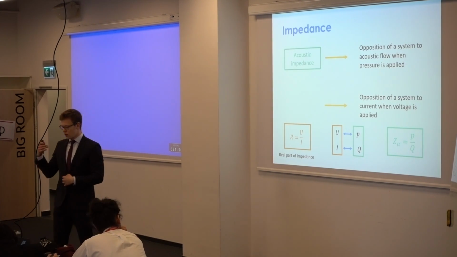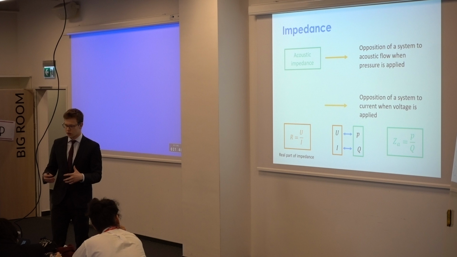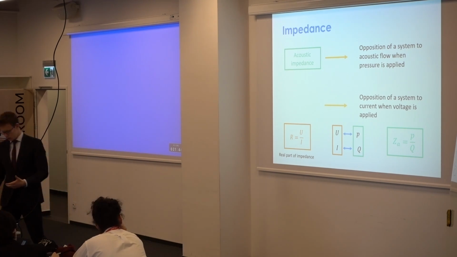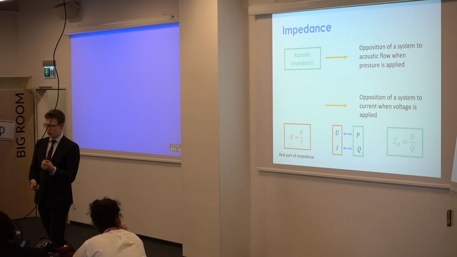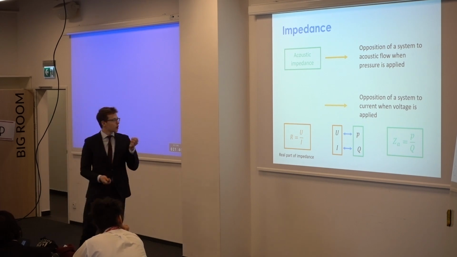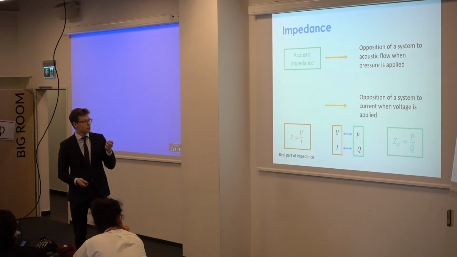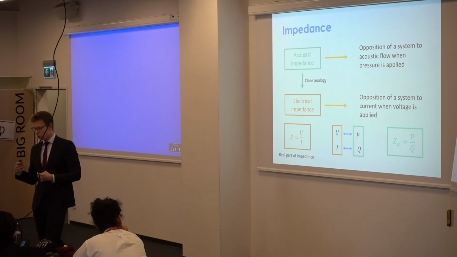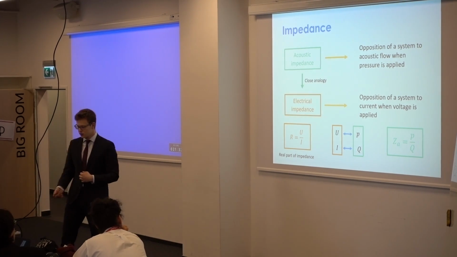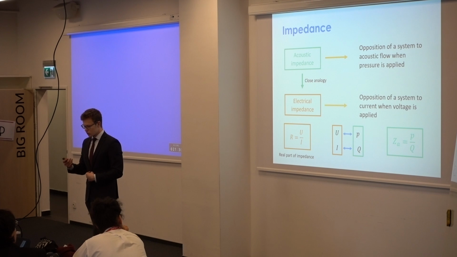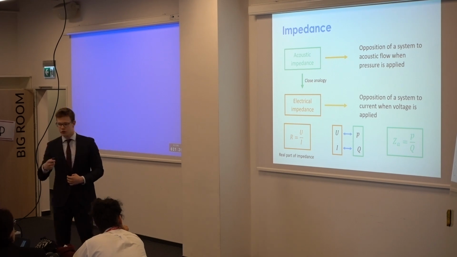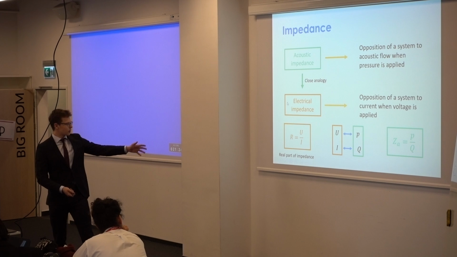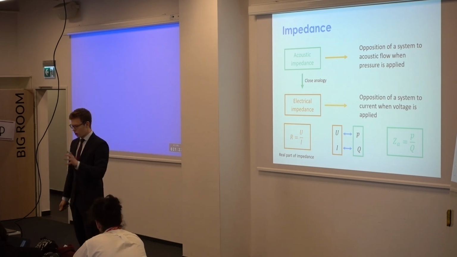The basic principle behind this phenomenon is impedance matching. But to know what impedance matching is and how it works, we need to first understand what impedance is. Acoustic impedance is the opposition of the system to acoustic flow when pressure is applied. It has a close analogy to electrical impedance, which is commonly known, and the real part of the electrical impedance can be calculated as voltage divided by current.